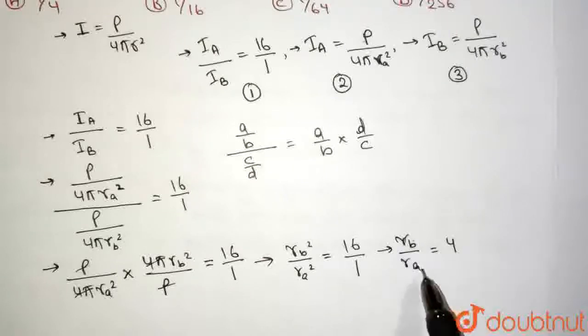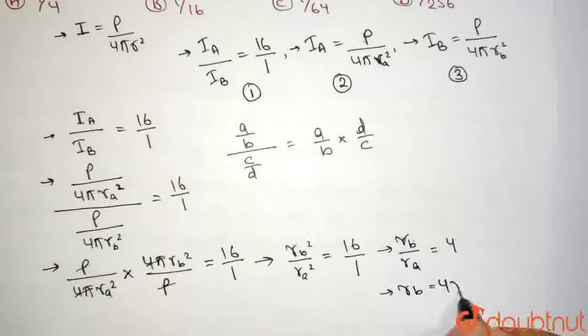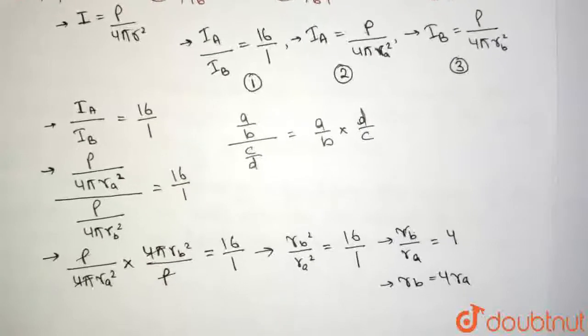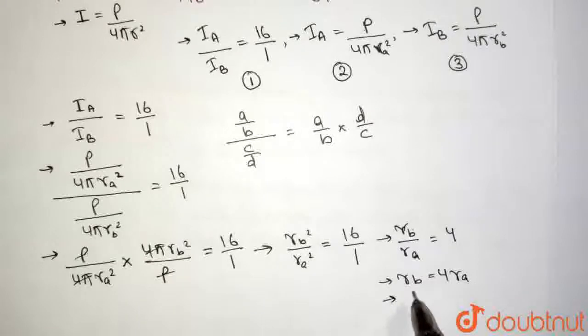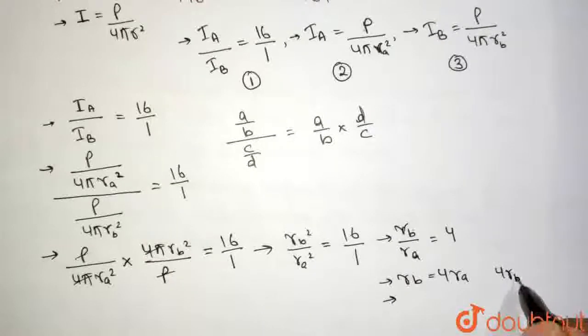So if you multiply both sides by rA, we get rB equals 4rA. And now if we divide both sides by 4rB, right? So we get, here we are dividing by 4rB. So this rB is cancelled out and what remains is 1 upon 4.